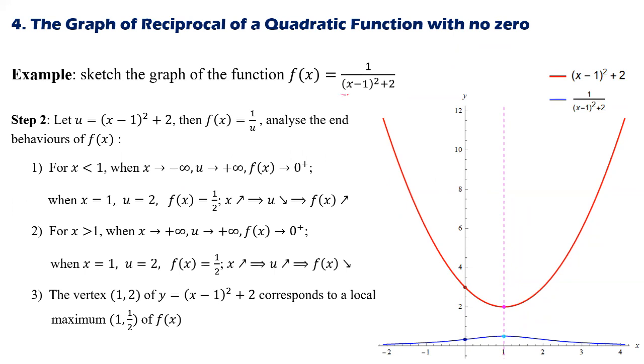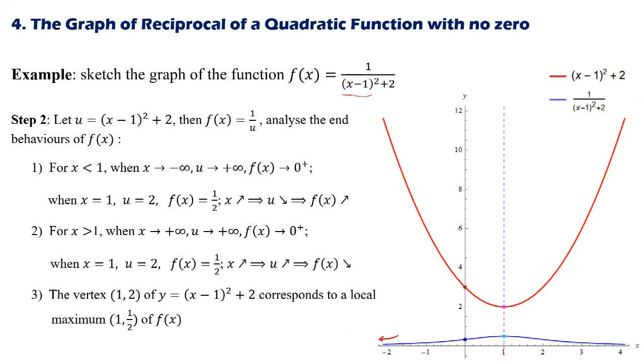As you can see here, when x approaches negative infinity, (x - 1)^2 + 2 should approach positive infinity, right? And the reciprocal of a positive infinity approaches 0 from the positive side, right? So this function should have a pattern like this when x approaches negative infinity, right?